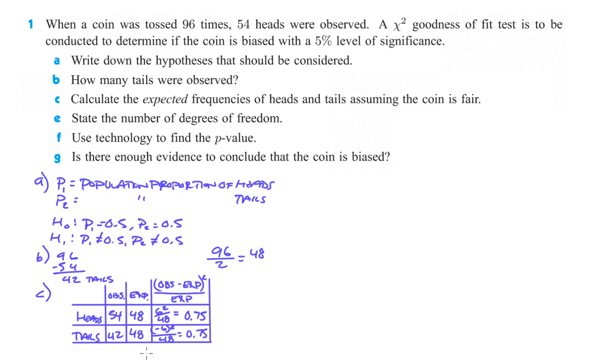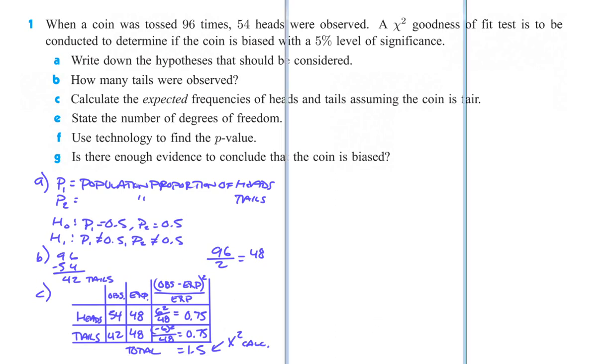Okay, and then for our chi-squared piece here we add these all up. So we get 0.75 plus 0.75, which is 1.5. Okay, and this here is the chi-squared calculated.